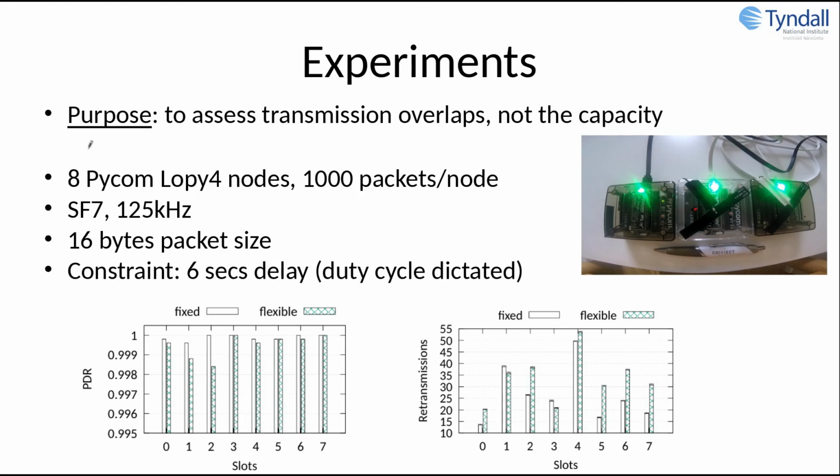The results, as you can see, reveal very high packet delivery ratios, actually exceeding 99.9% most of the time. And even though some slots present a higher number of retransmissions, as we can see here, the flexible GuardTimes scheme seems to work.